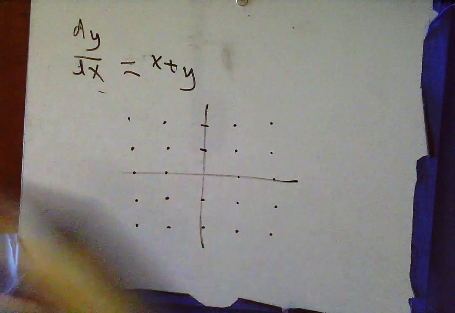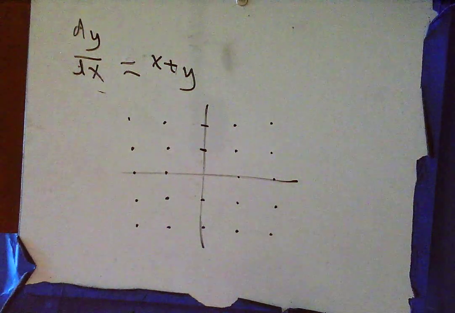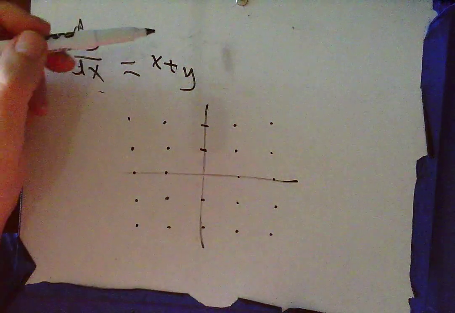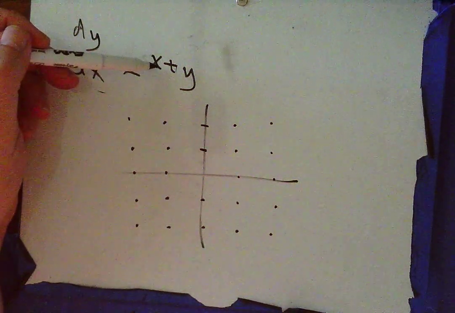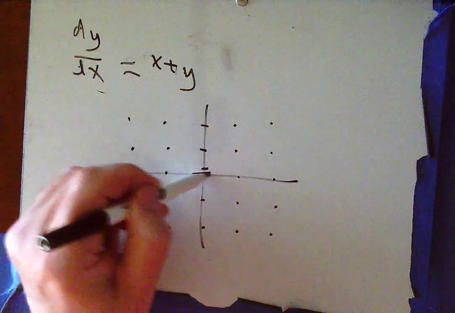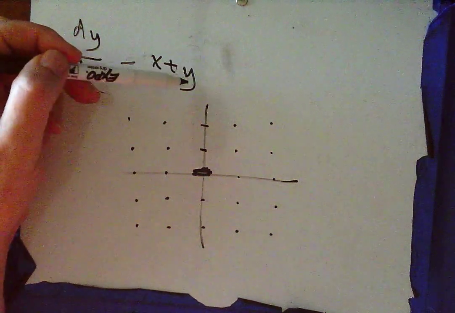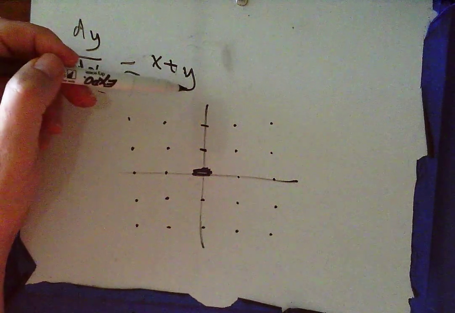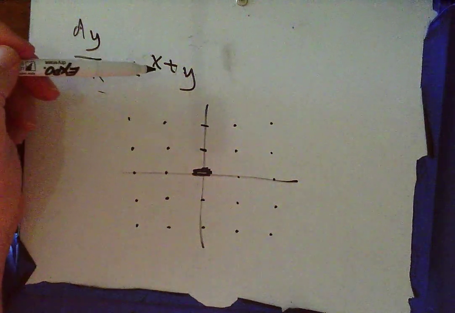Okay, actually I do want to quickly check my calculator. Yep, don't have the slope field program in this one. All right, so when x equals 0 and y equals 0, then dy dx is 0. When x equals 0 and I plug in any other y number, that y number becomes the slope at that ordered pair.